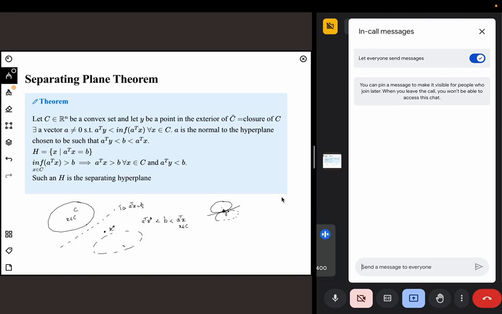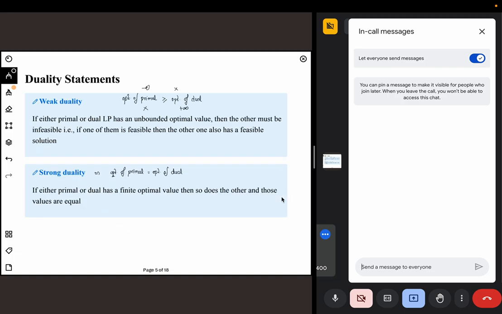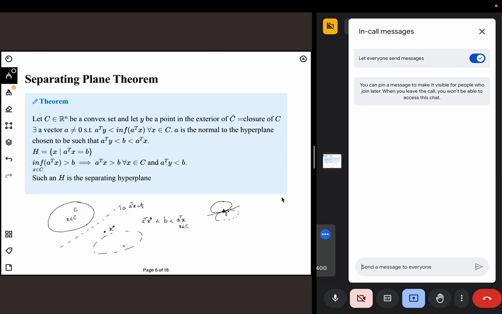The X star and Y star values will not be the same, X and Y will be different values, but the optimal value, that is the Z value that you get, will be the same. That's what this theorem says. This is some kind of contour for your optimal value, and both of them meet at the same Z value. The steps through which the derivation goes are a little involved and will take more time, so I'm not discussing them currently.